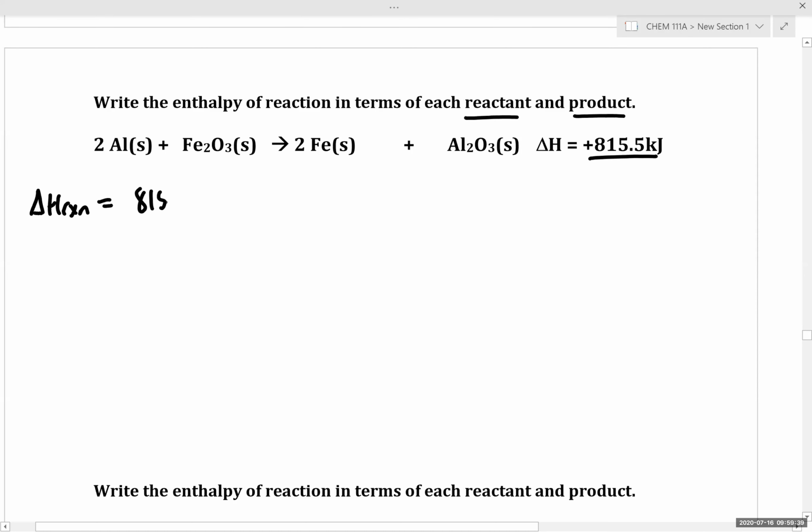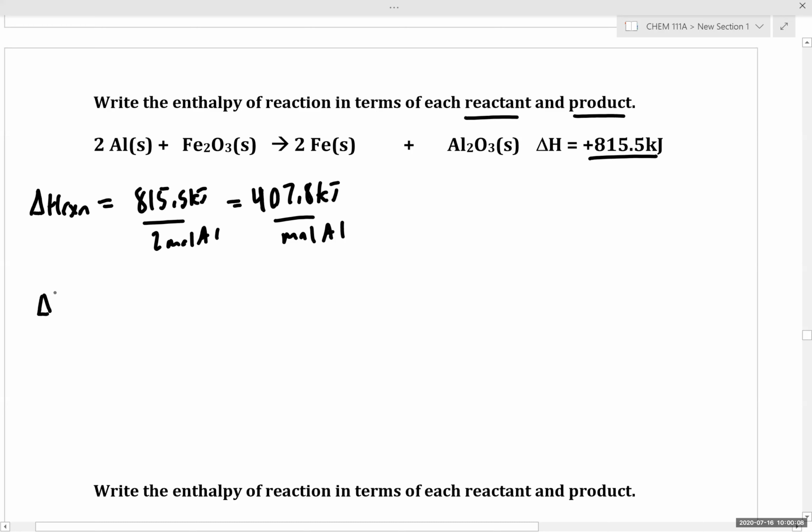We have 815.5 kilojoules over 2 moles of aluminum, and that gives us an enthalpy of reaction associated with aluminum in this chemical reaction. So that gives us 815.5 over 2, which in turn gives us an enthalpy of 407.8 kilojoules per mole of aluminum.